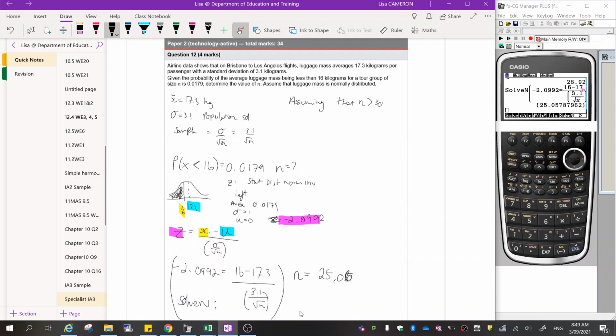So therefore, now we've got this little tiny part of a person, but, yeah, look, we're just going to round it. So we need at least 26 people.